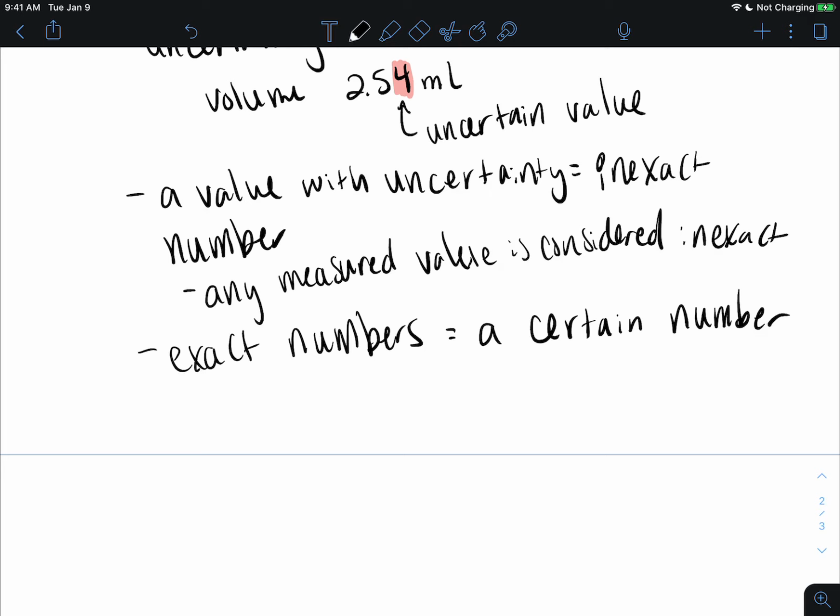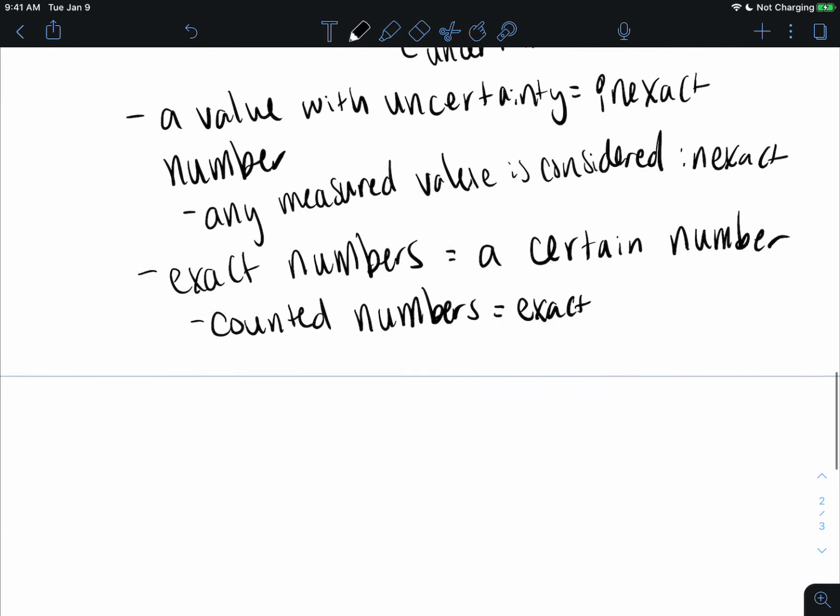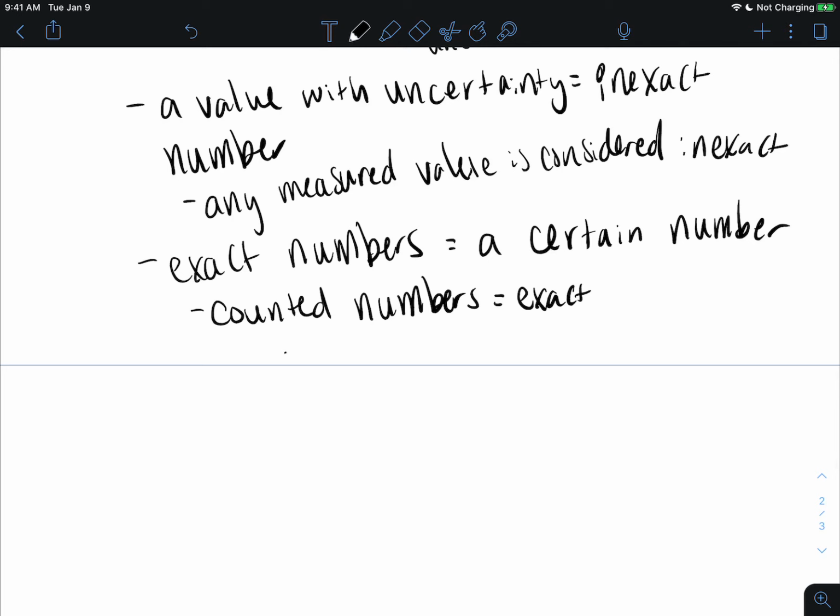All measurements are going to be uncertain, but things that we can count, when we count objects, are generally considered exact numbers. So counted numbers, as long as our number is small enough. For instance, if we have one dozen eggs, we know that that is exactly equal to 12 eggs, right?